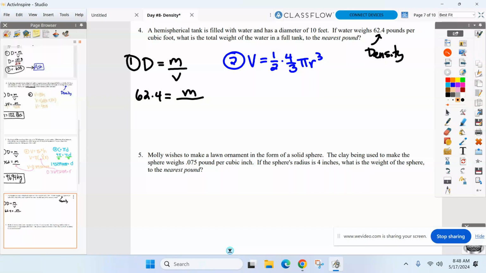All right, calculate the volume. Make sure we're using 5, not 10 for our radius. What's my volume here? 261 and a little change.